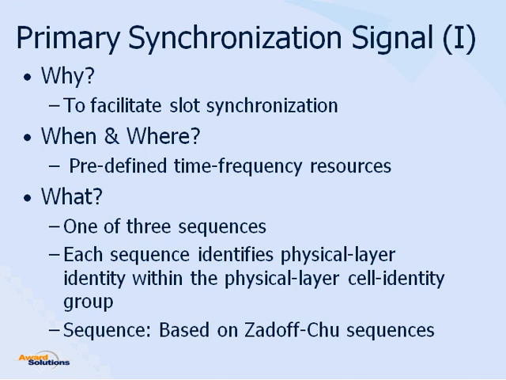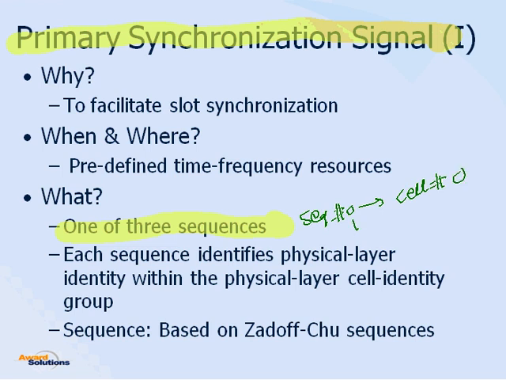The first signal the UE looks at after power on is the primary synchronization signal. There are only 3 sequences, so sequence number 0 will correspond to cell number 0, and so on for 1 and 2.